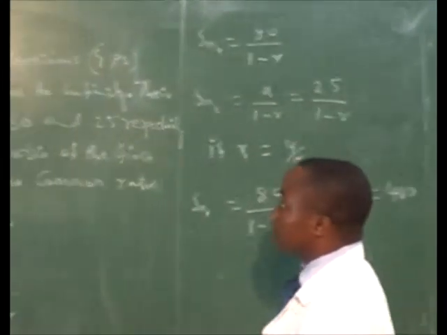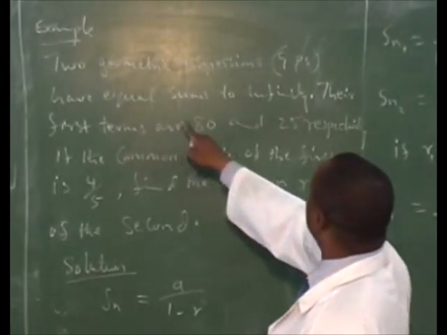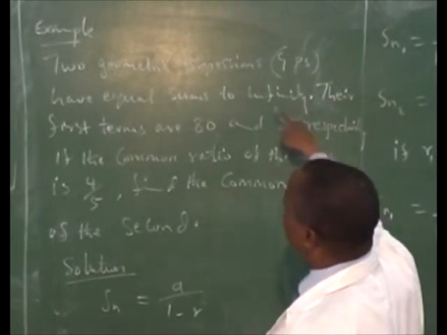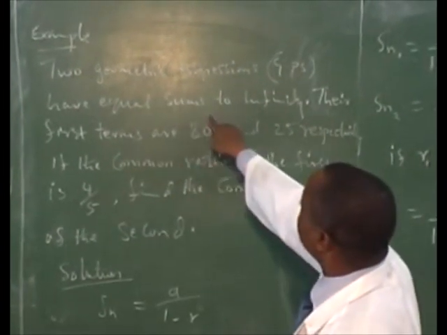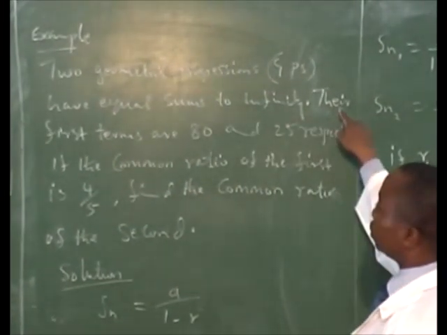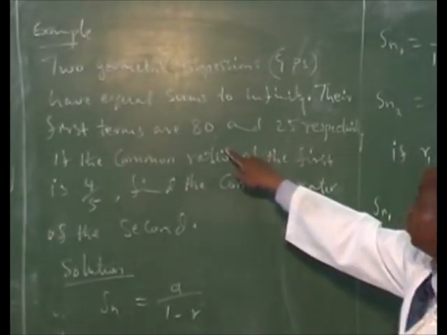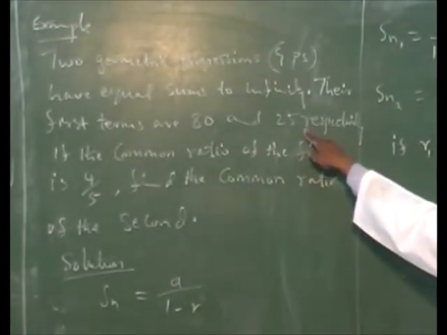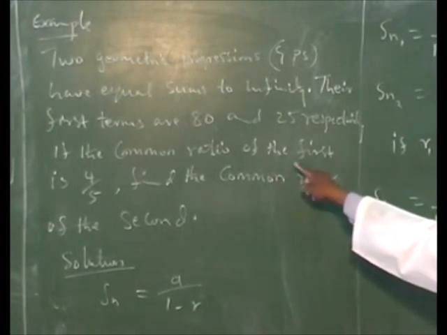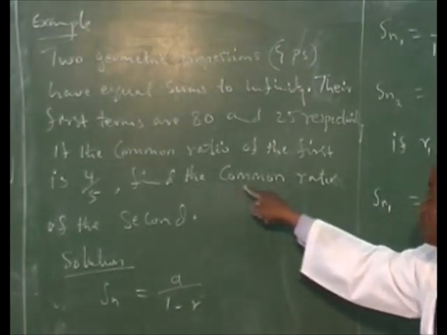Now, but the question is that they have equal sum to infinity. Their first terms are 80 and 25. So, if the common ratio of the first is this, we should find the common ratio of the second.